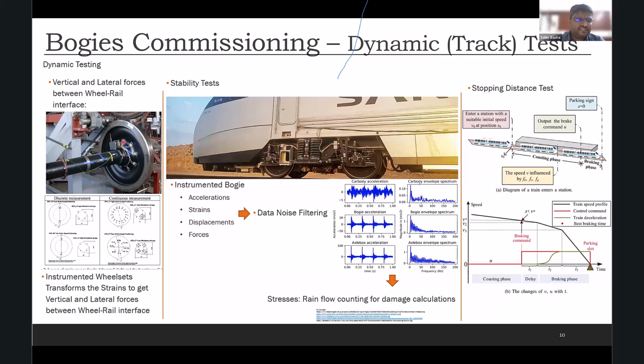So this will tell us how the vertical and the lateral forces are behaving in real time as the train moves, and whether we are reaching a phase wherein my L by V is such that my wheel is trying to lift off the rail and derail. So this is how we measure that.